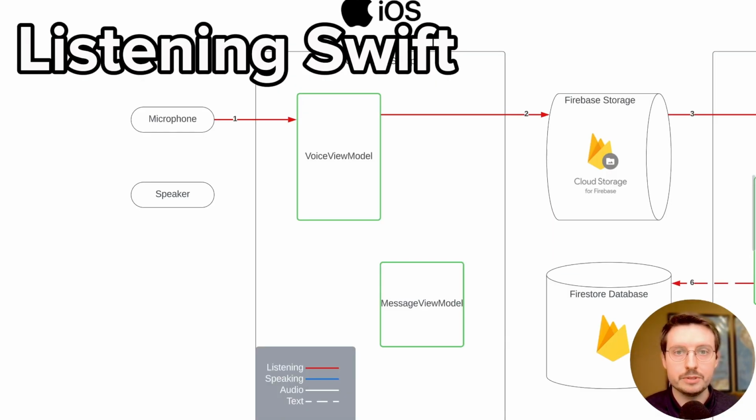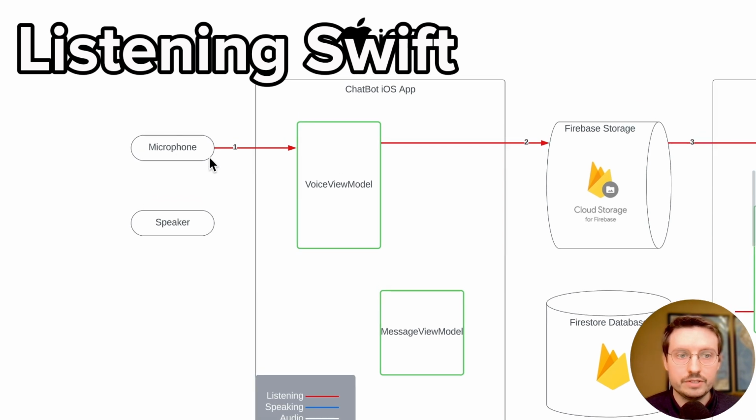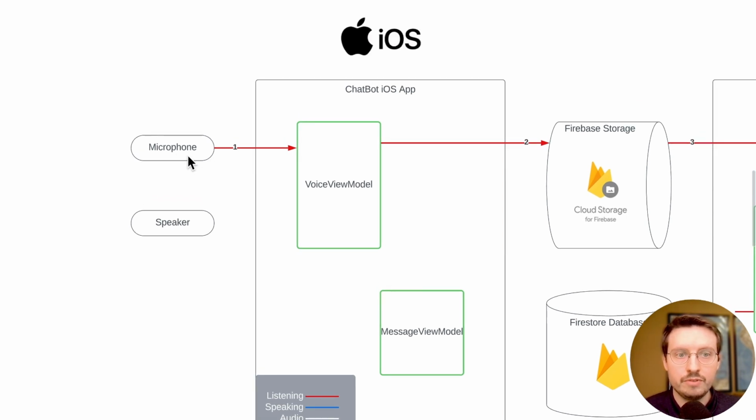If we want to be able to speak to our iOS app, we're going to need to first record audio from the microphone and store the recorded audio file into Firebase storage. To do that, we're going to be creating the voice view model and a couple other useful files for user interaction.